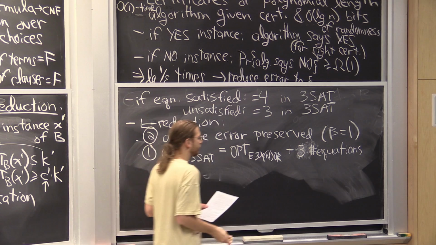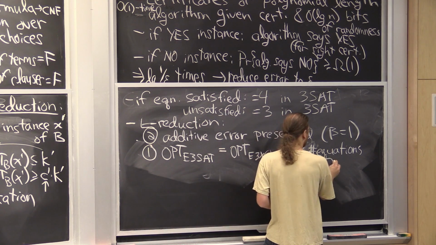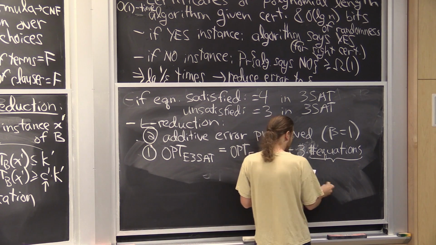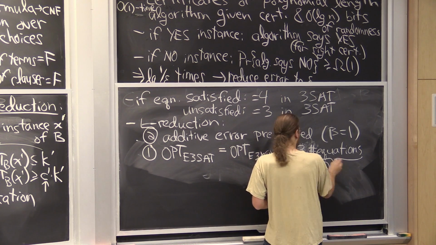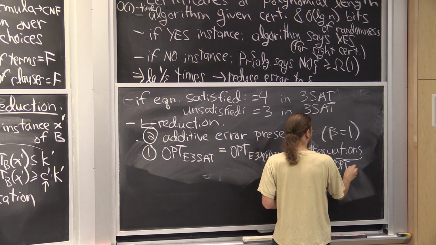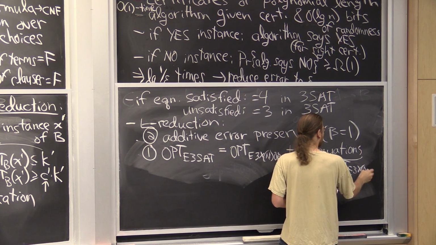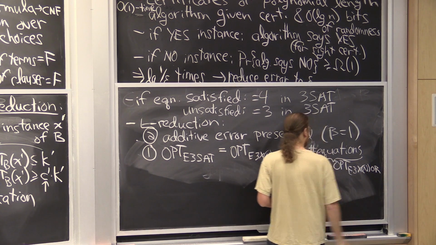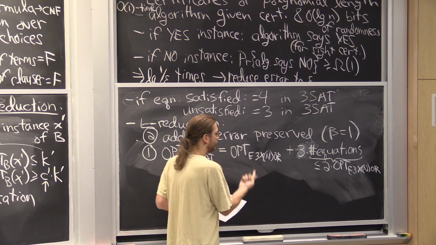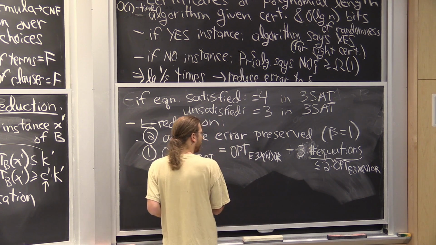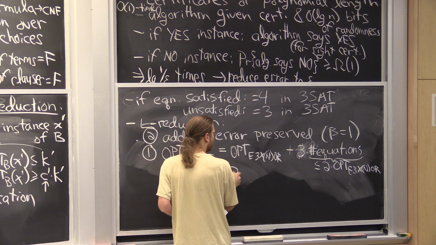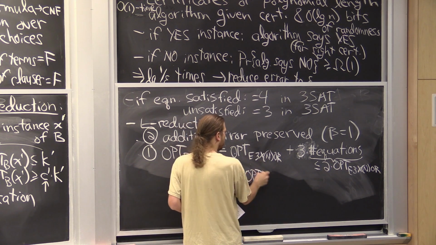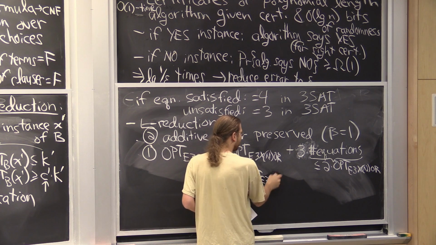And because there is a 1/2 approximation, we know that the number of equations is at most 2 times OPT, because OPT is at least 1/2 the number of equations. And so this thing is overall at most 6 plus 1, 7 times OPT of E3-X-NOR.